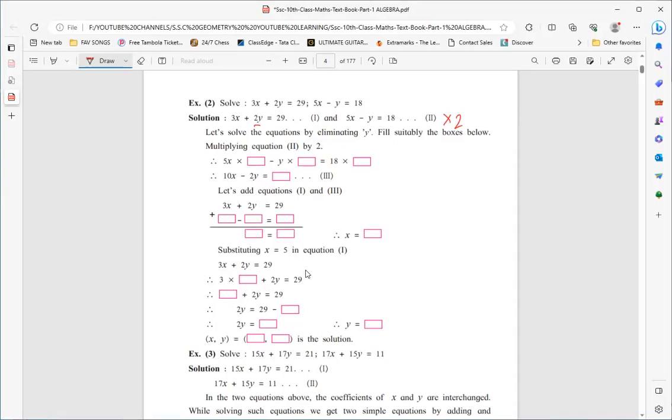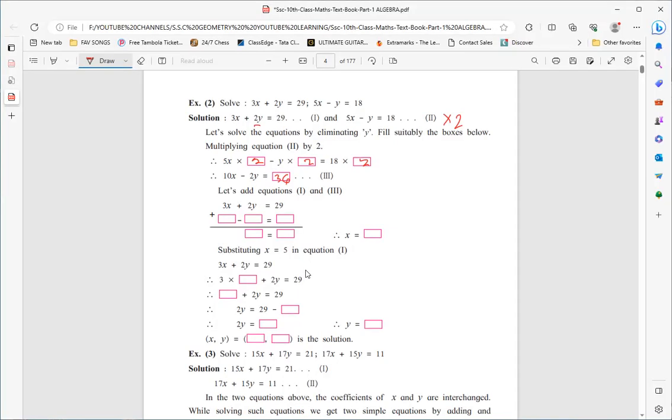So let's fill this up. We are multiplying the equation by 2. So 5x into 2, minus y into 2, is equal to 18 into 2. Okay, so 5 into 2 is 10x, minus 2y equal to 36.